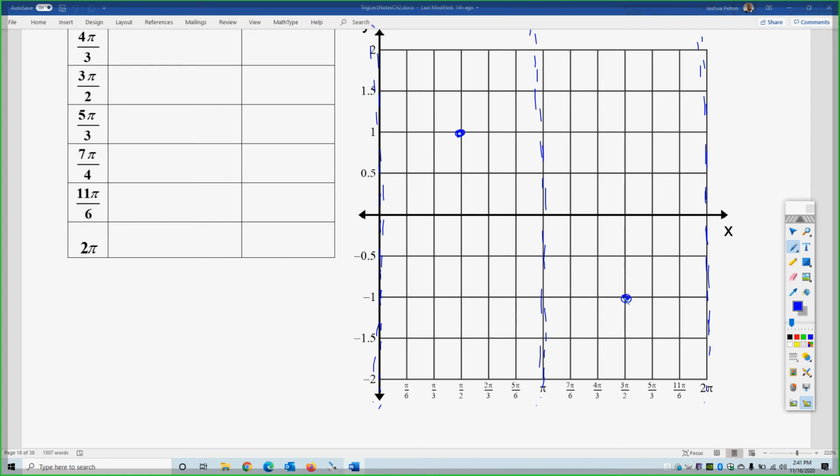In the sixths in between, at 1/6 I'm at 2, and at 5/6 I'm at 2. And in between at 7/6 I'm at negative 2, and 11/6 I'm at negative 2, so it's negative on the other side. So because it's first and second quadrant positive, then third and fourth negative. Okay, let's try secant.